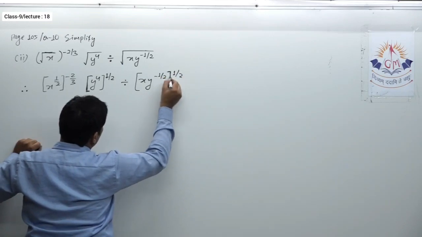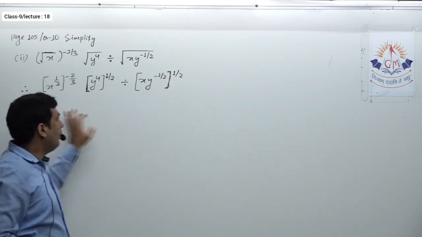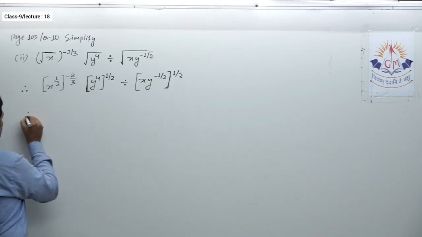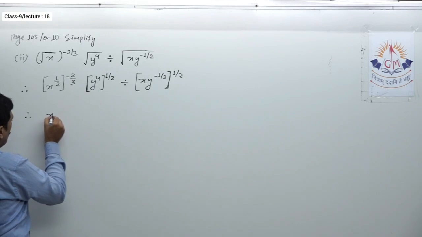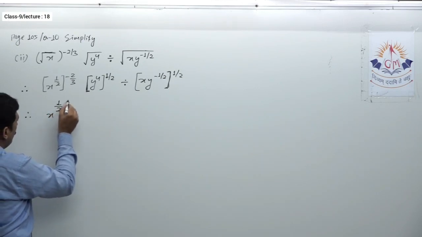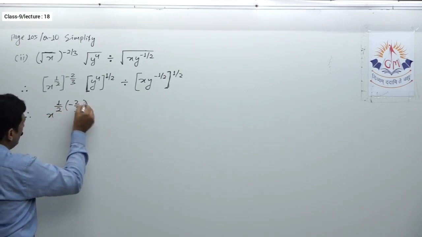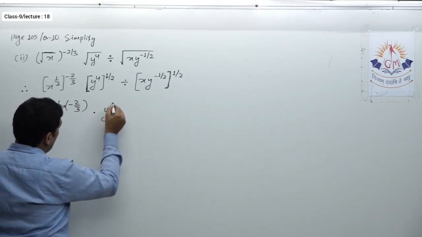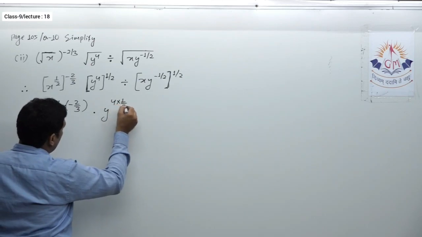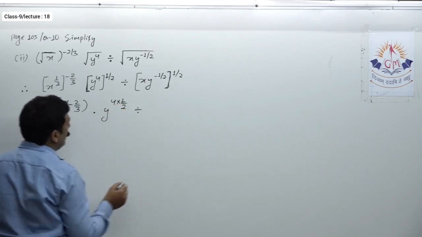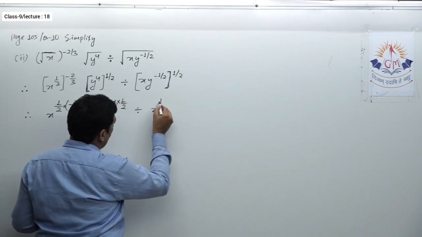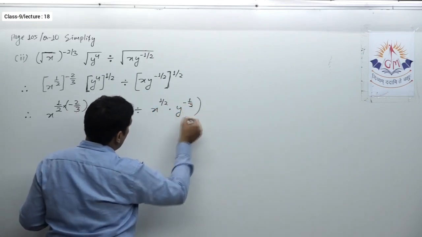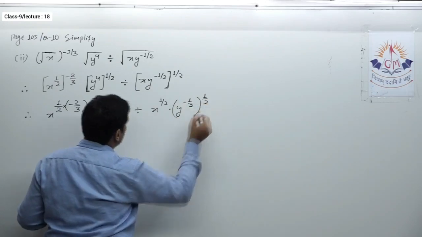So first step what I did, I wrote all the terms in the form of exponents. Now over here I do apply the power law. So x raised to 1 by 2 multiplied by minus 2 by 3, y raised to 4 raised to 1 by 2, divided by x raised to 1 by 2 into y raised to minus 1 by 2, raised to 1 by 2.